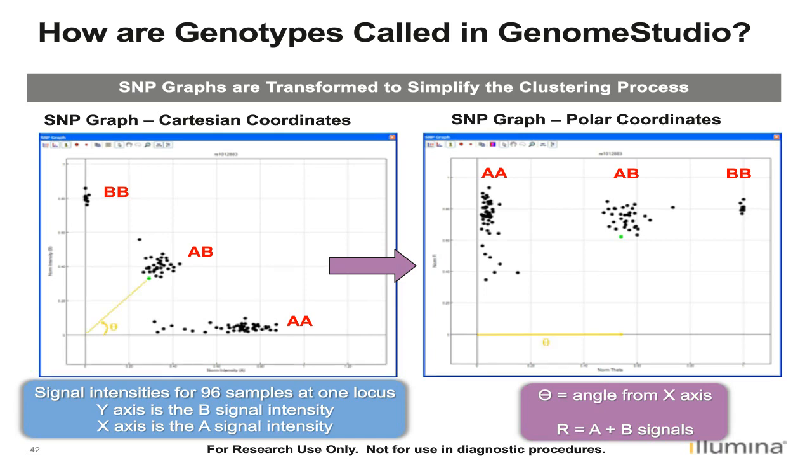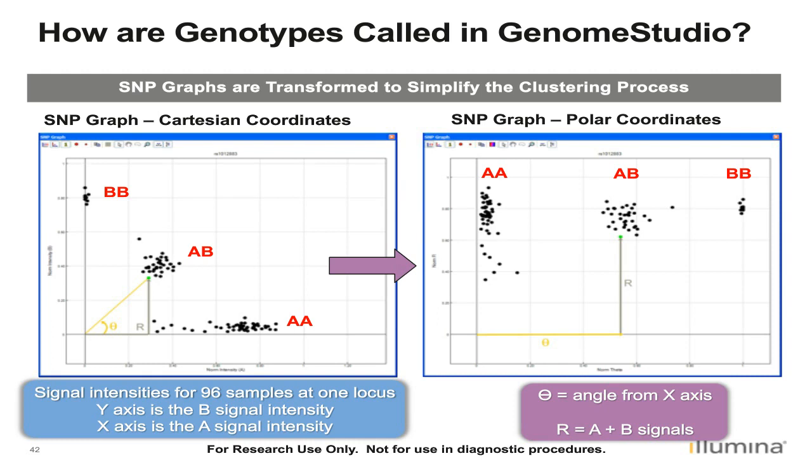GenomeStudio then takes the theta information and the distance from the x and y axes, and converts it into polar coordinates. What you get is a graph where the x-axis represents theta, or the angle from the x-axis, and the y-axis represents a value called R, which is the sum of the A and B signals.